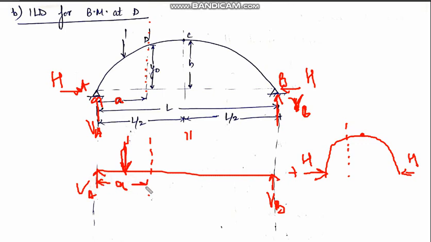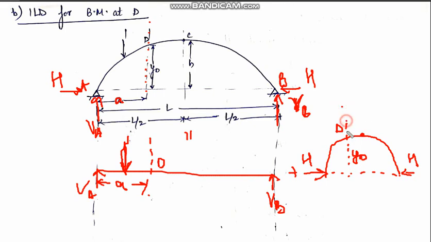Now the total moment at D section in the 3-hinged arch will be equal to the beam moment at the D section, suppose MD, plus the moment due to the horizontal thrust in the 3-hinged arch. Suppose this is your springing line, and this is the height, or the y ordinate, of the D section from the springing line.